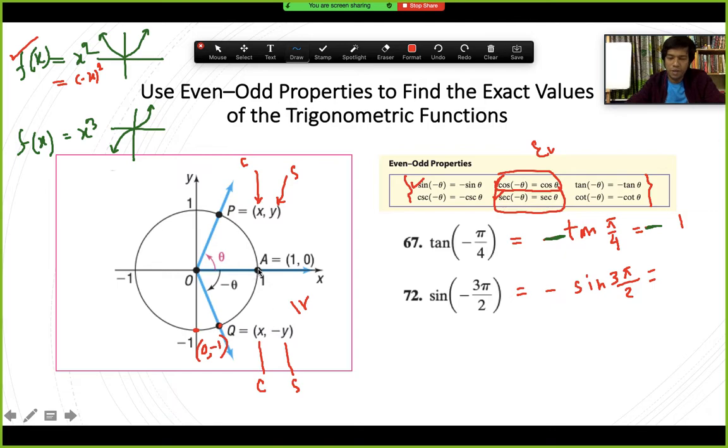Sine 3 pi by 2 means 270 degrees. For 270 degrees, the sine value is negative. Let me find it out from here.